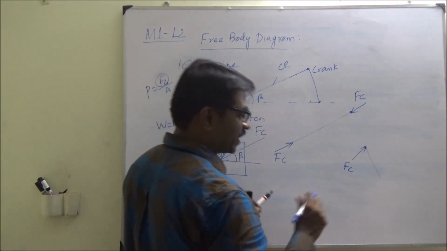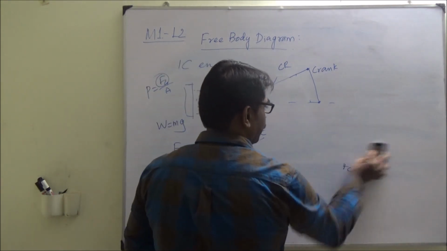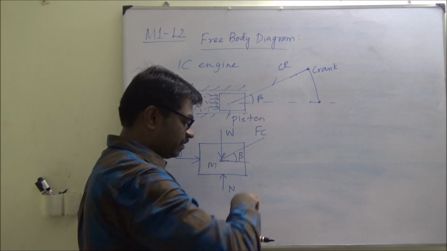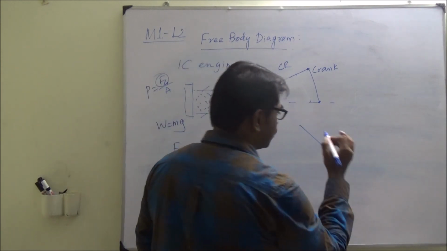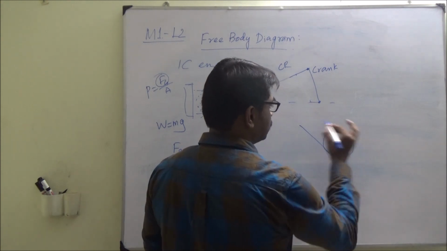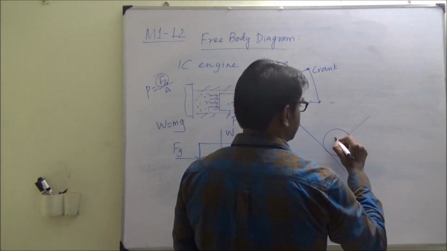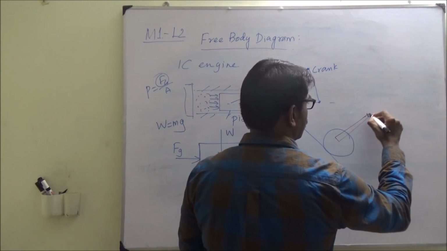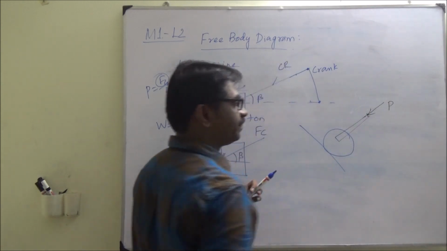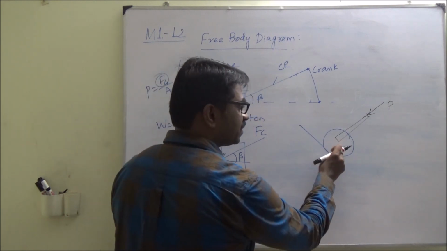Say, for example, you have a rigid body like this on a slope, and you are applying some force here. How do we draw the free body diagram for this?